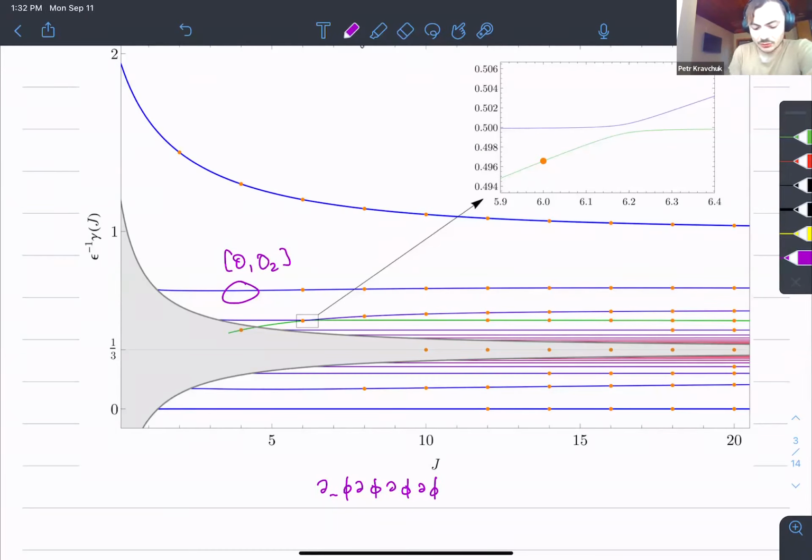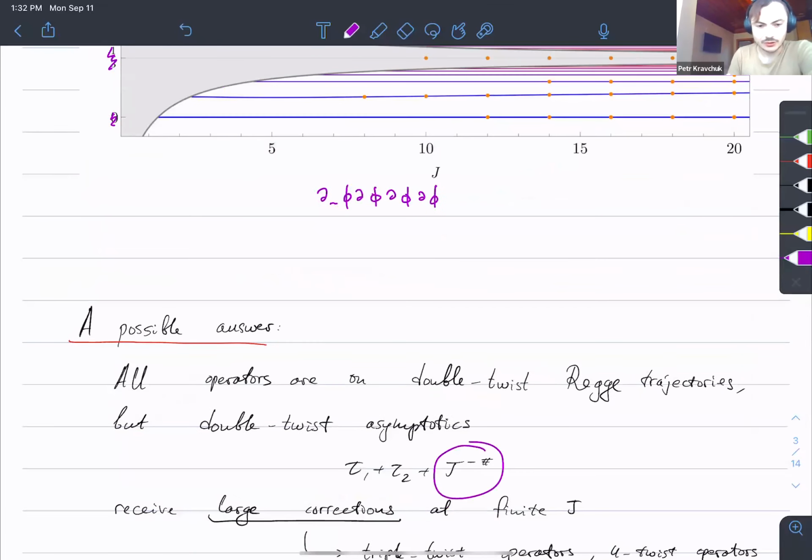Then when I go to the right along this trajectory, I expect the twist to approach, let's say for simplicity that this is twist and forget about the explicit numbers, tau1 plus tau2. And the approach is going to be governed by power law corrections.